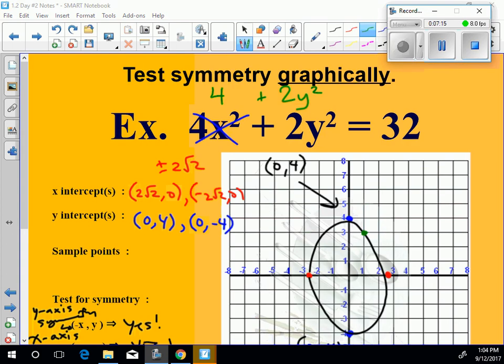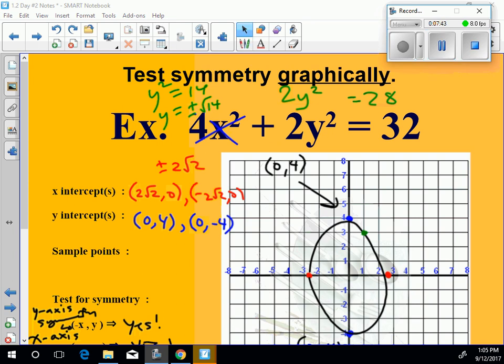If x equals 1, I would have 4 plus 2y squared is equal to 32. Let's just do some math here and simplify. So I'd subtract 4, and I get 28. 2y squared equals 28. And if I divide, then y squared equals 14, and then y would equal plus or minus the square root of 14.